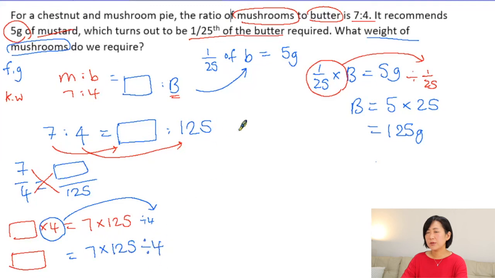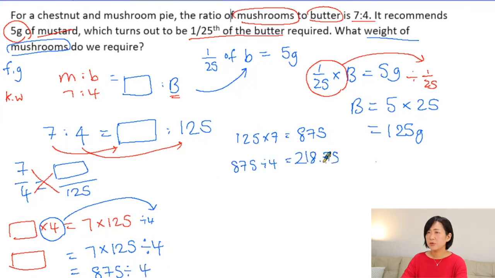It's going to be a long calculation, so I calculated it already for you. 125 times 7 is 875. Then 875 divided by 4 will be our answer. That is 218.75. So the amount of mushroom is 218.75 grams.